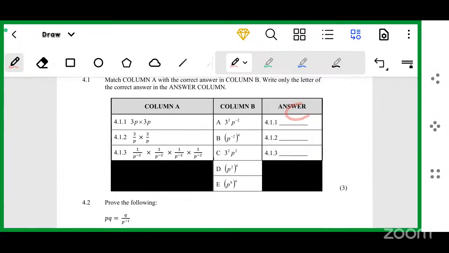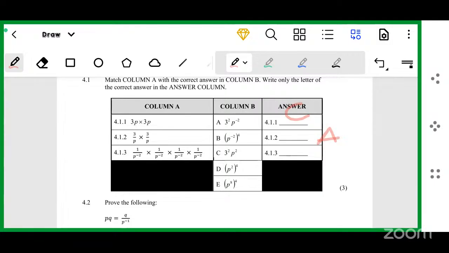Ma'am, I think 4.1.2 is equal to P to the power of -2. Okay, which is, I mean, for 2 is B. I think it's A. Okay. All right.